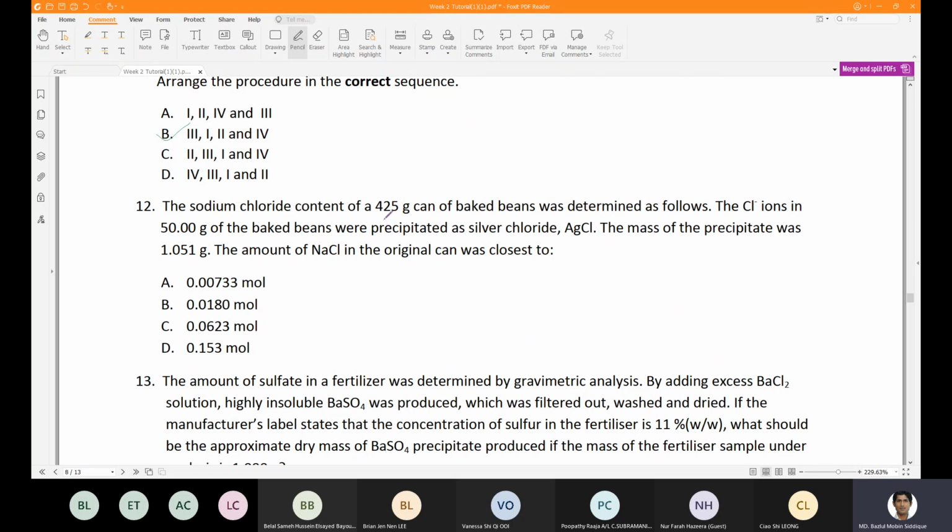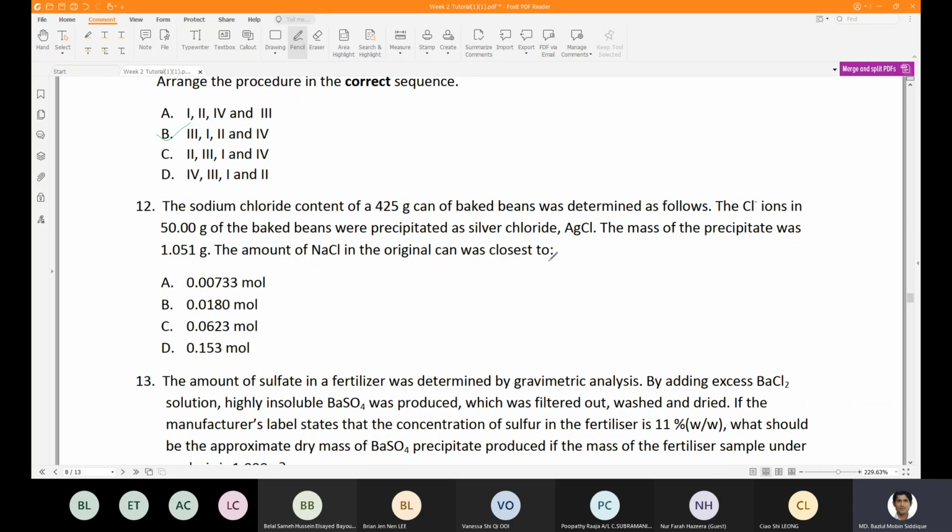The sodium chloride content of a 425 gram can of baked beans was determined as follows. The chloride ions in 50 gram of the baked beans were precipitated as silver chloride.